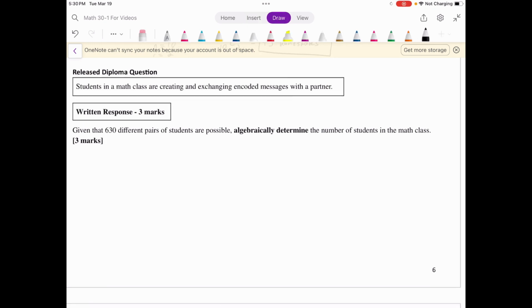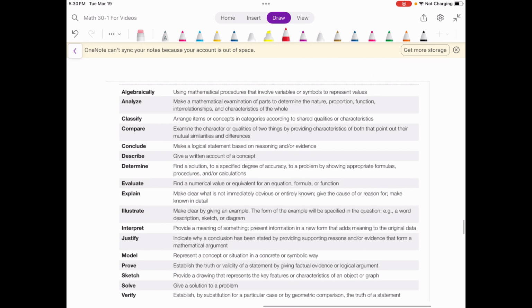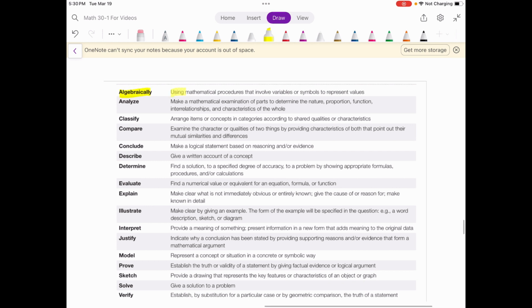So let's talk about those 2 directing words, algebraically and determine. Here are the official definitions from Alberta Education. Algebraically means using mathematical procedures that involve variables or symbols to represent values. So essentially showing our work, showing our manipulation of an equation, using the proper symbols.